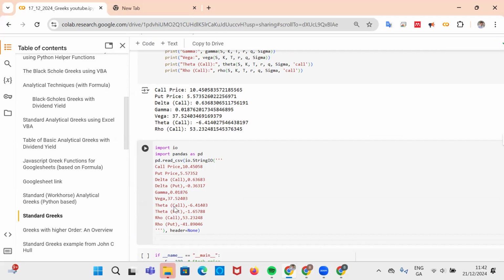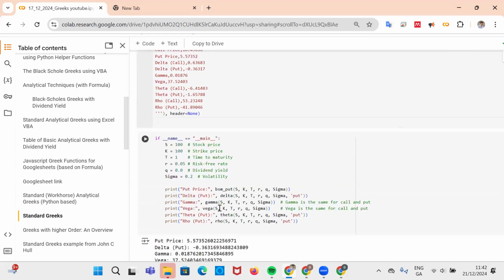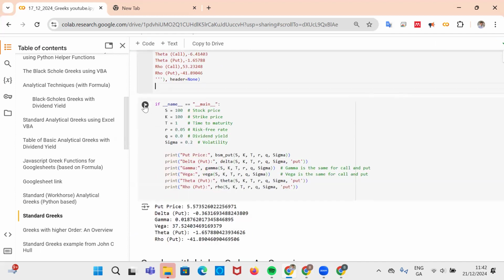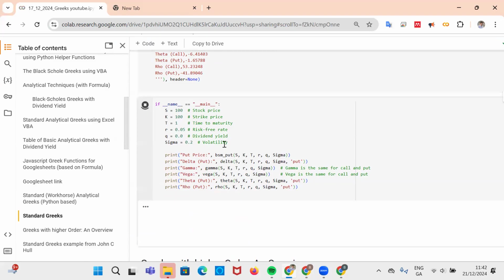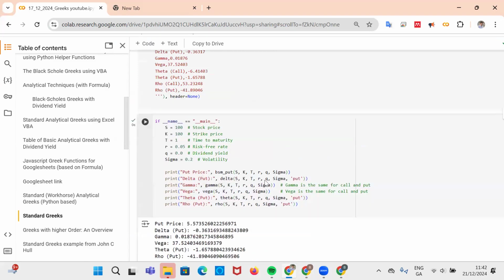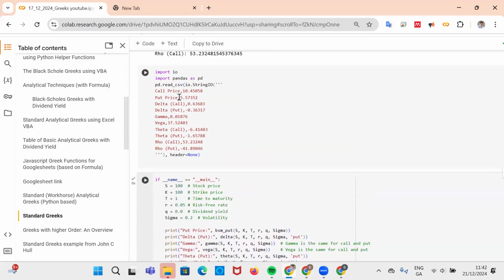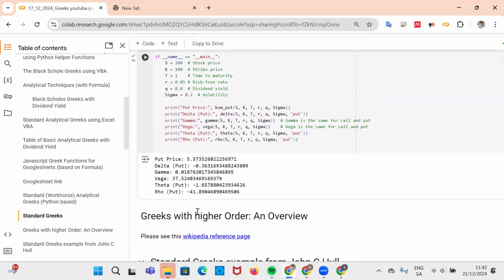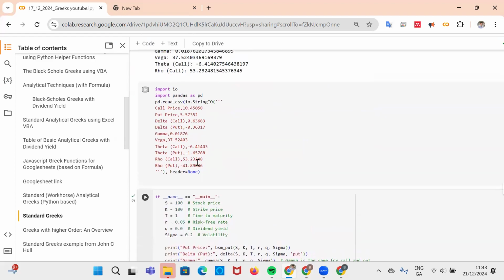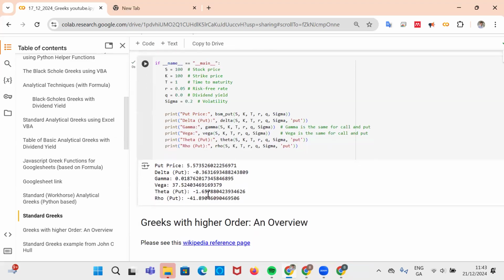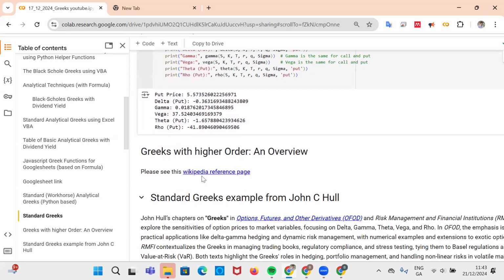The Vega aligns, the theta for the call, -6.41, and the rho and so on. Okay, so again, for the put option, we can execute and we can see some alignment as well. The put price 5.57, and we have the delta for the put, the theta, and for rho, and we can see a correspondence in each case as well.